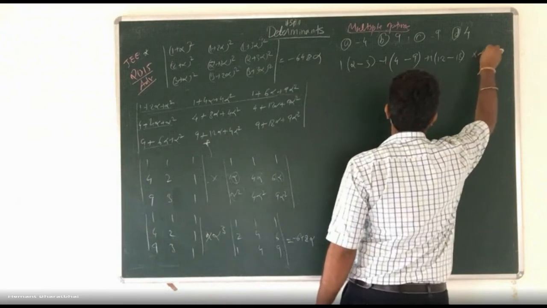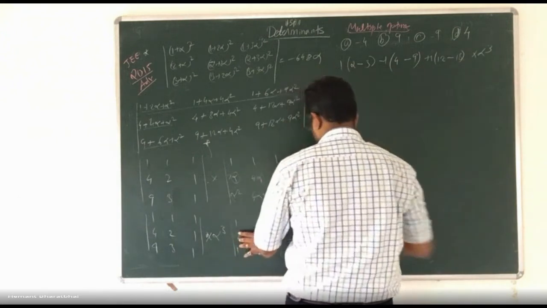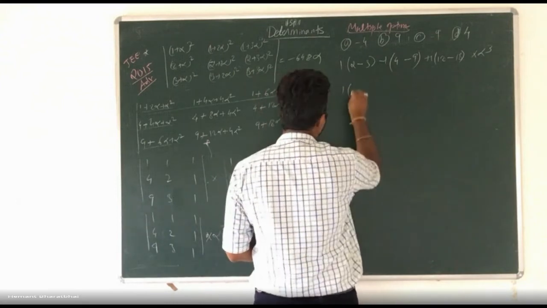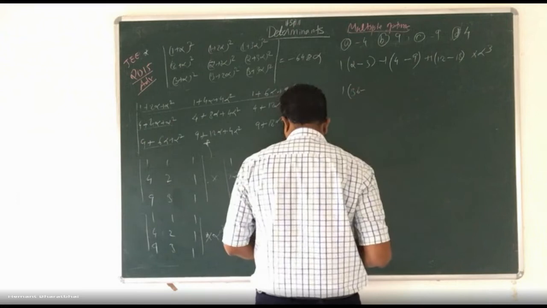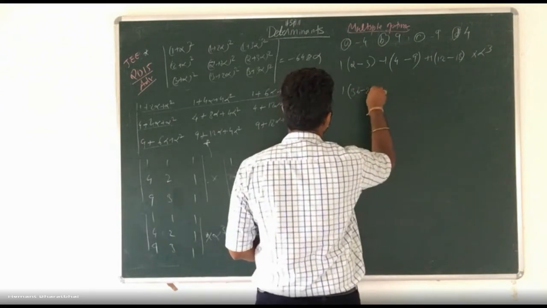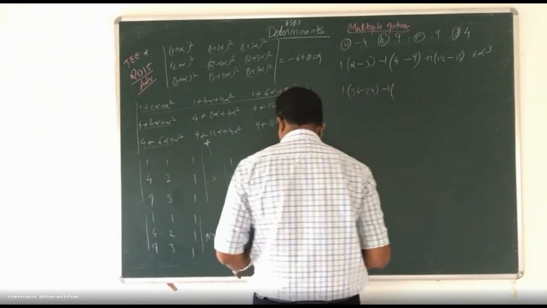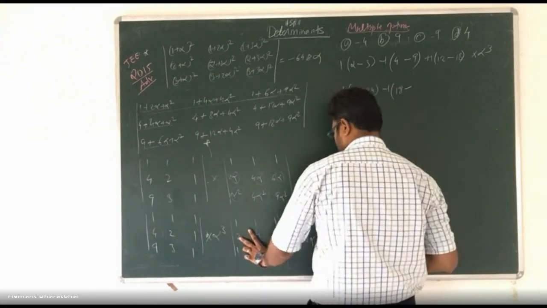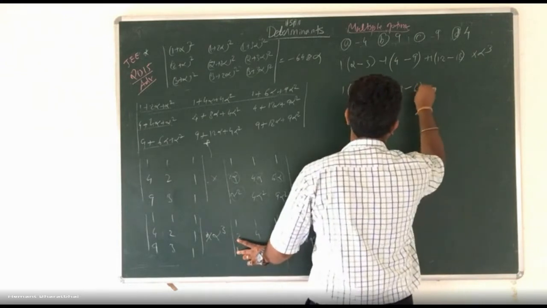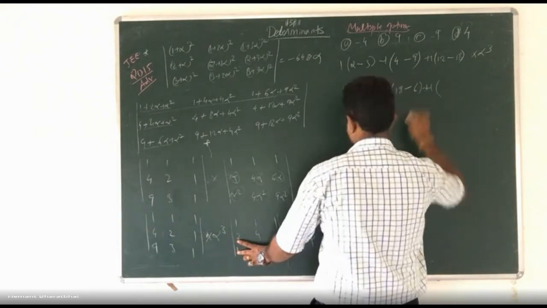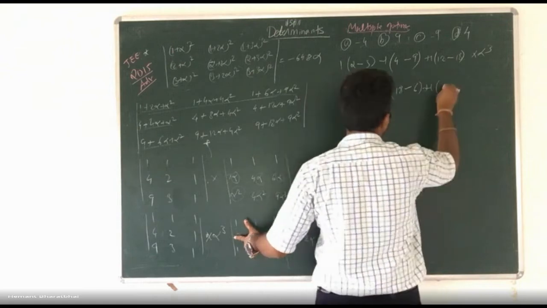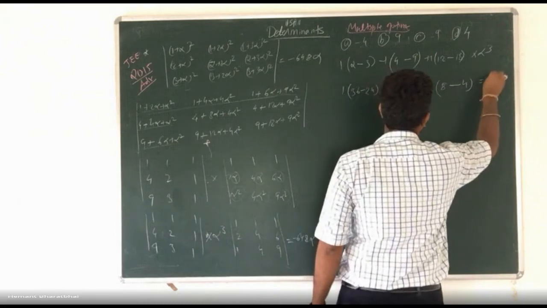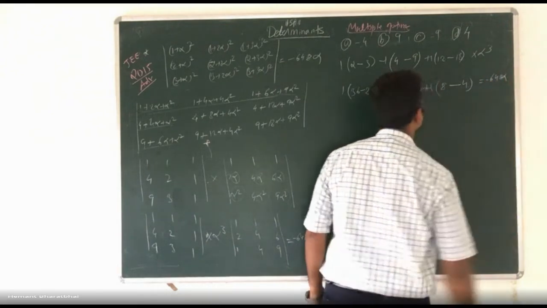Then we have alpha cube, and then we have this. We can find the determinant of this. So 1 into 9 into 4 is 36, minus 6 into 4 is 24, minus 1 into 9 into 2 is 18, minus 1 into 6 is 6, plus 1 into 4 into 2 is 8, minus 4 into 1 is 4, is equal to minus 648 alpha.